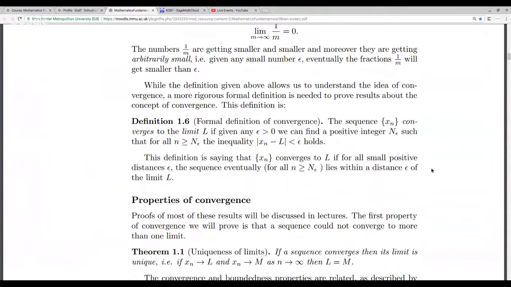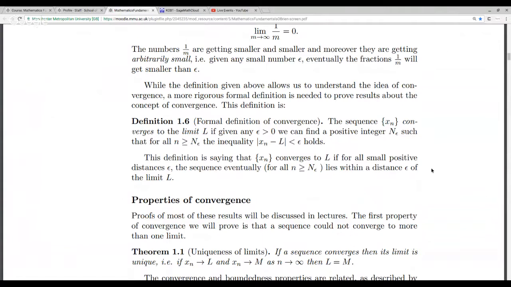We'll be able to prove that they converge using this improved definition of convergence, and it's also the one that we'll use to establish and prove the properties of convergence that we just went through. Okay, now it's a bit of a mouthful to get first time. There's a lot going on in it, so it does take some work to digest and to fully understand. So let's just have a read through of it. Then I'm going to draw some diagrams and some illustrations here that will help us to think about it.